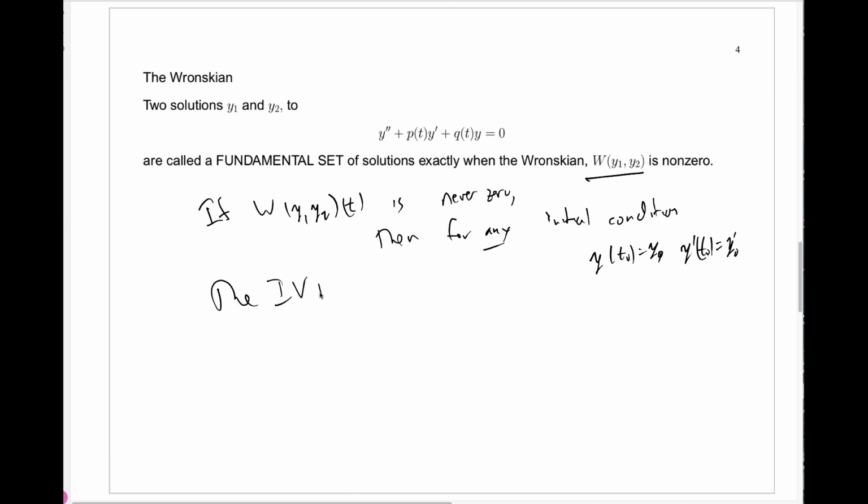So the initial value problem will have a solution of the form y equals c1 y1 plus c2 y2.